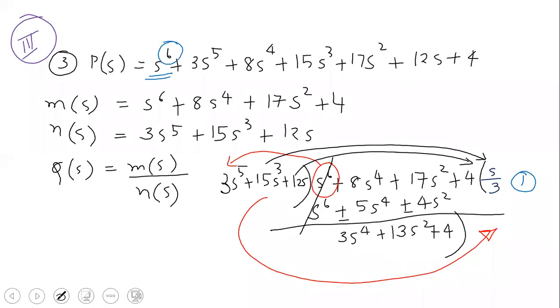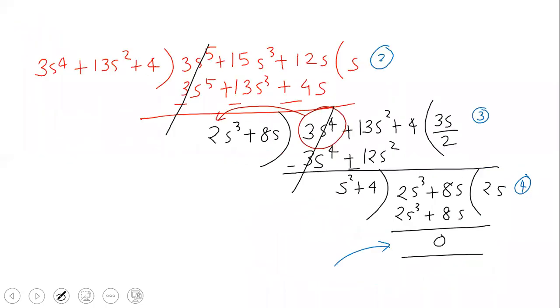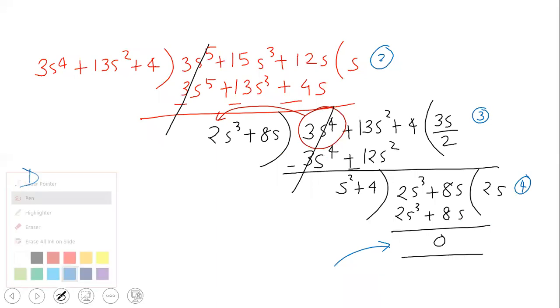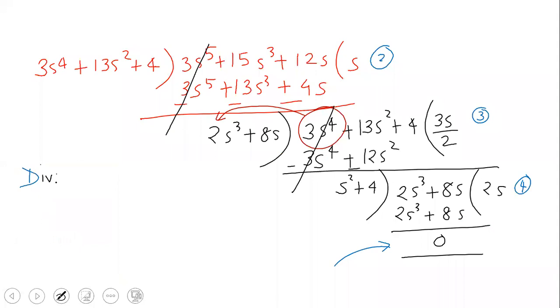But as per the power, it is 6, and you have got only 4. That means this division has terminated abruptly. So you have to write a statement that the division has terminated abruptly.